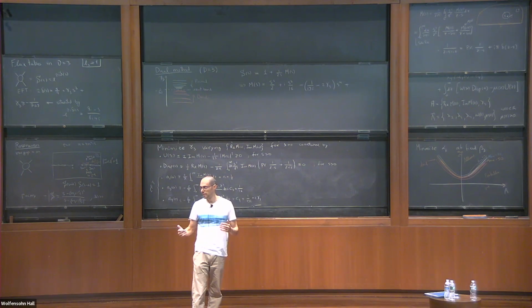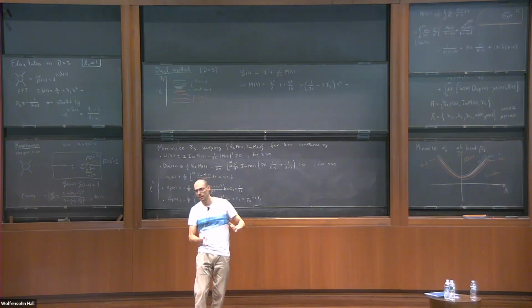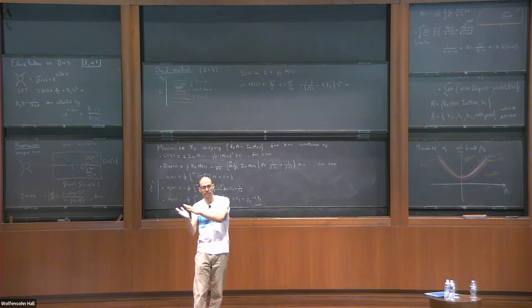But in this specific case of 1 plus 1 dimensional quantum field theory with massless particles, it's actually very simple. Massless particles in 1 plus 1 dimensions can either move to the right or to the left at the speed of light. If you have two massless particles moving to the left at the speed of light, it's still a massless particle: p1 plus p1 is still null, just the same null vector.